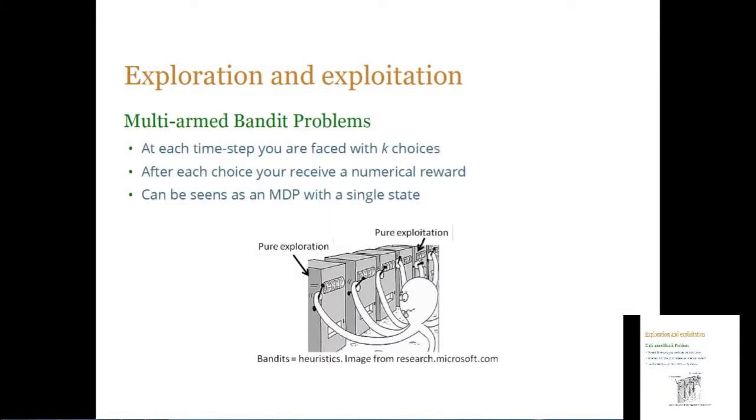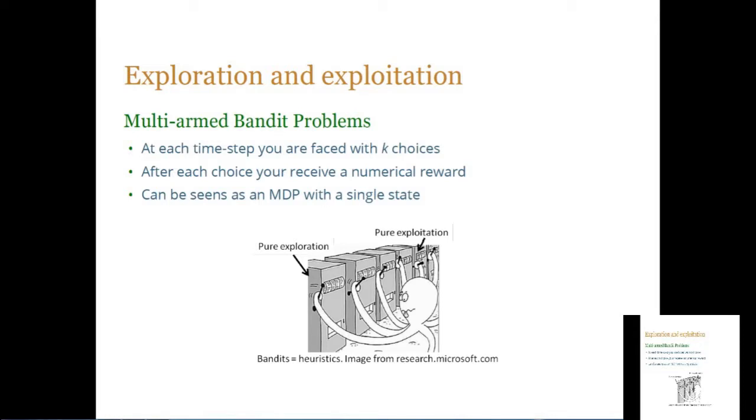In order to illustrate this trade-off, a good framework is that of the multi-armed bandit problem. In this type of problem, at each time step, you are faced with k choices. Imagine the typical scenario where you go to a casino, you have all these slot machines, and you want to pull. Each action is an arm, and you want to maximize your expected reward.